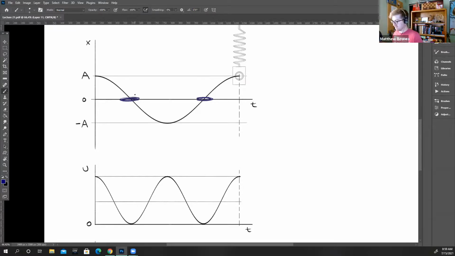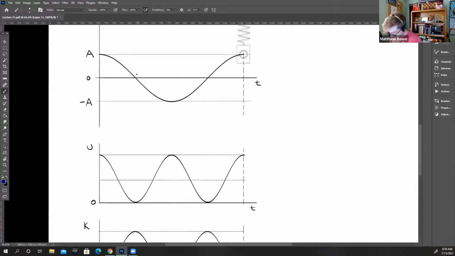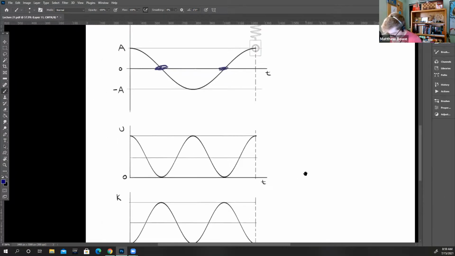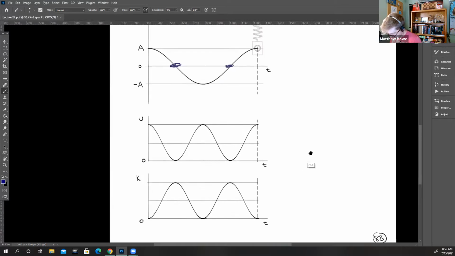Since it's at the equilibrium position, there is no elastic potential energy. So looking at here and here, we see how that relates to the kinetic energy down here and down here. Now there's a maximum right here at these two positions.